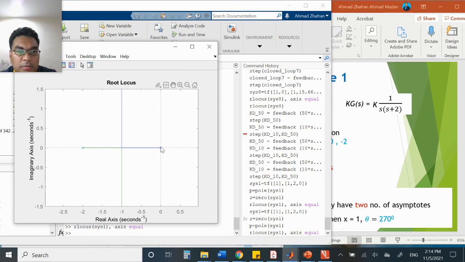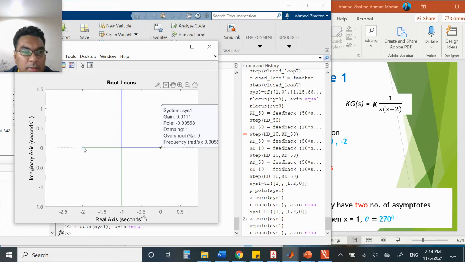You can verify back. You start from 0 here, and then there is another pole at -2. If you properly point to this x mark, you get a more accurate -2, and this one is actually 0.